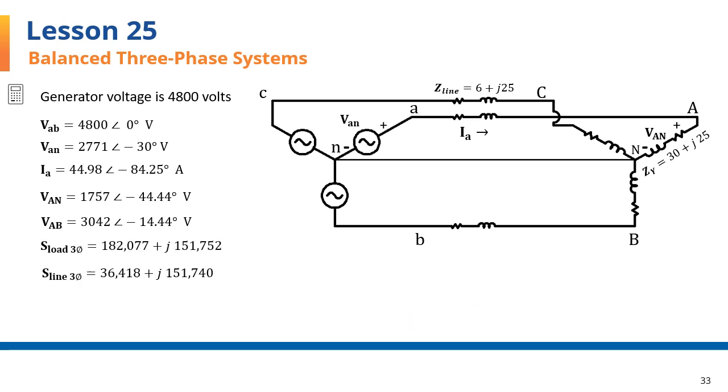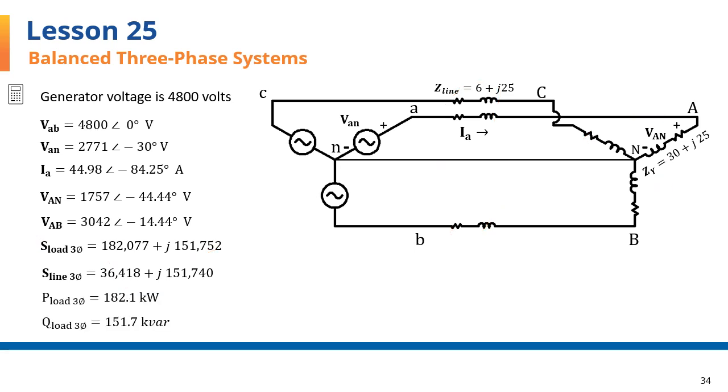All right, now again summarizing the results for the complex power of the load and complex power of the lines. The real and reactive powers are taken off of these complex powers. We know that the real part always gives us the real or active power, and the imaginary part gives us the reactive power. So they're summarized here.